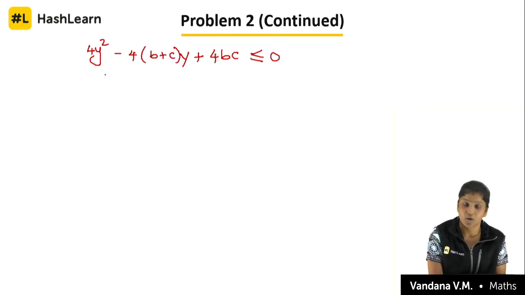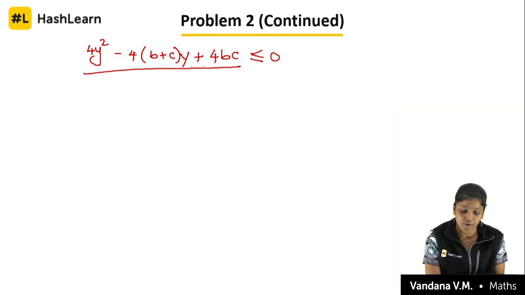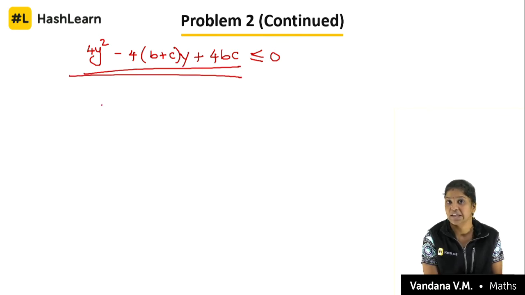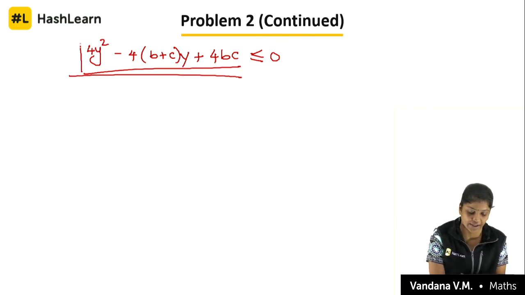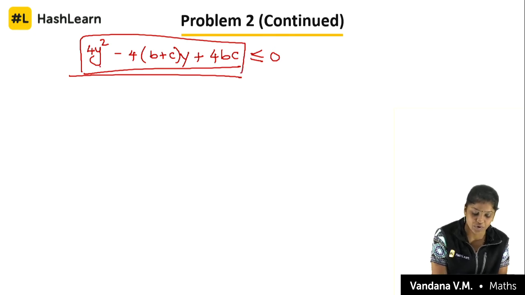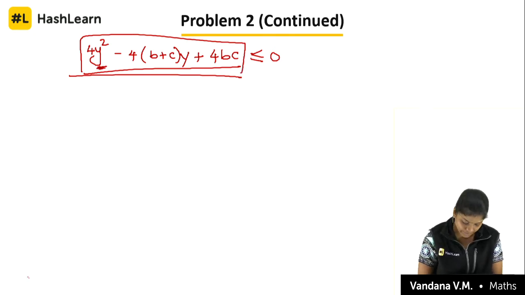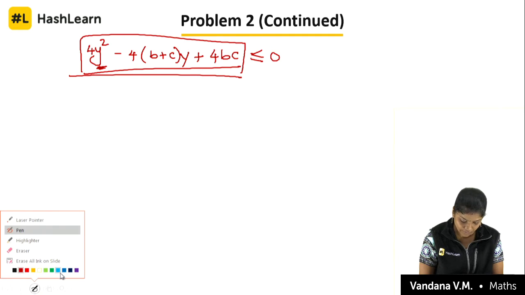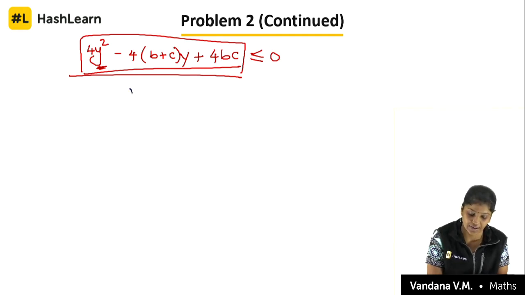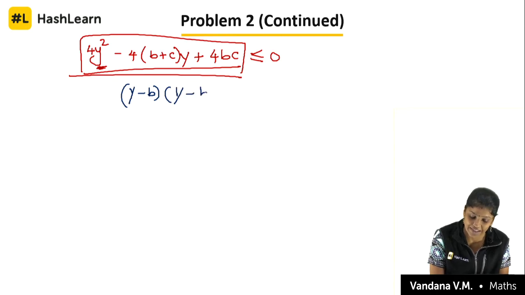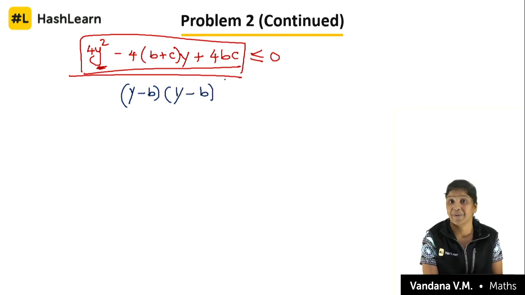Now look here. I got the equation, it is a quadratic equation in terms of y. Now you solve this. If you solve, you will get the factors like this: y minus b into y minus c, you will get minus of.